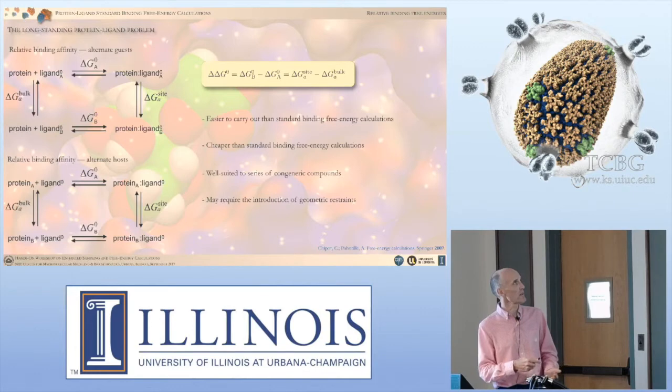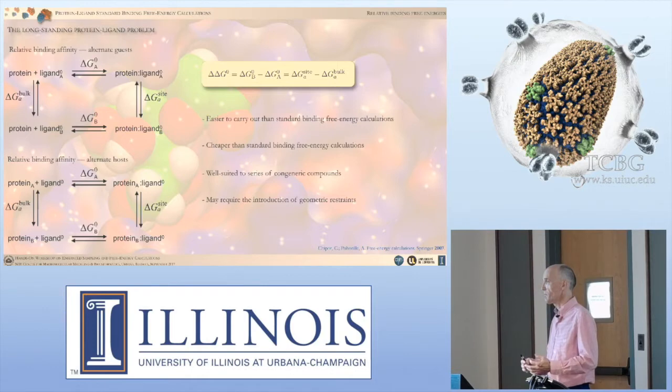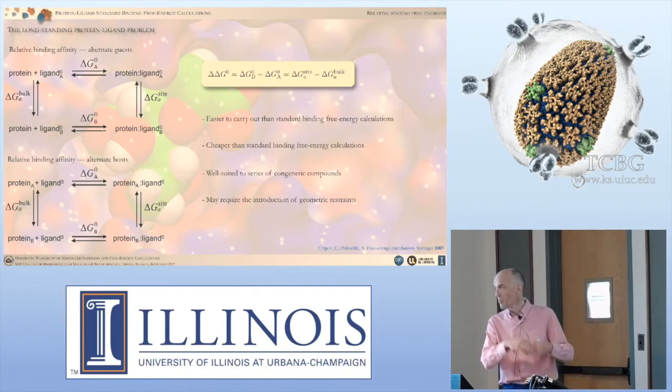So the idea here is, you have this equilibrium for protein plus ligand A and protein plus ligand B. And so instead of calculating the standard binding free energies, as we've just seen earlier, you do an alchemical transformation of ligand A into ligand B. And to complete the thermodynamic cycle, you have to do it in the bulk state and in the bound state.